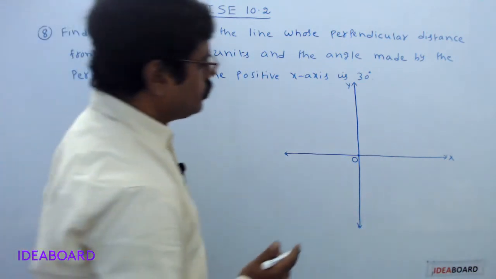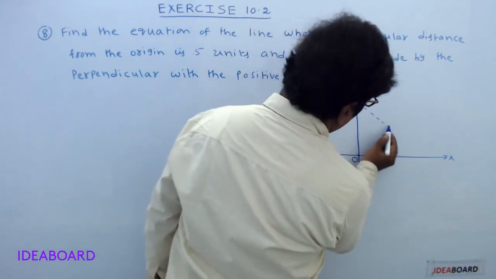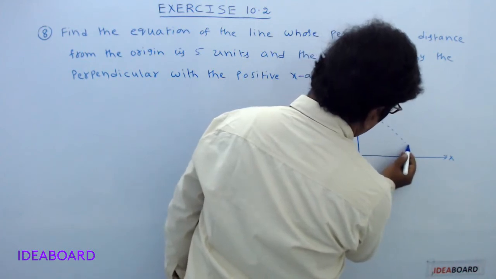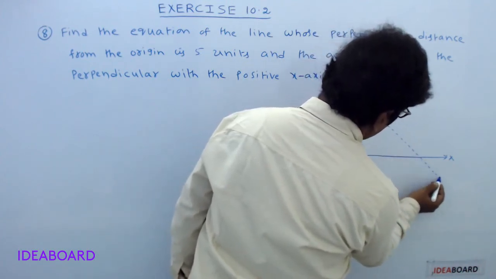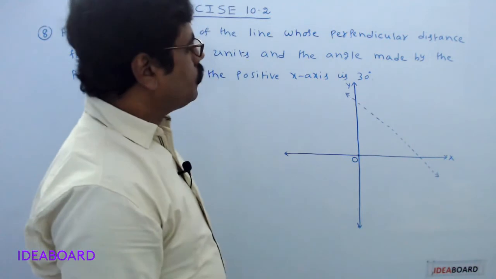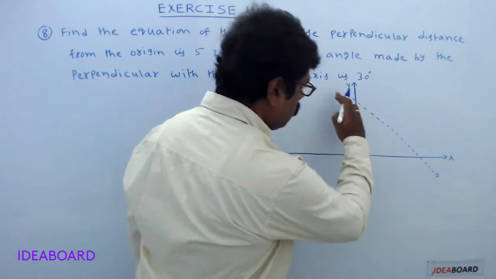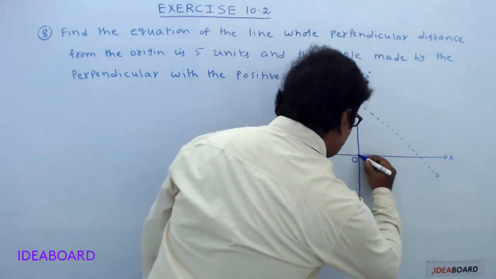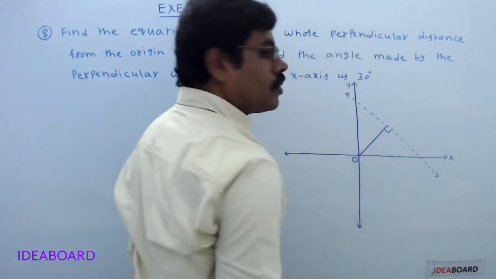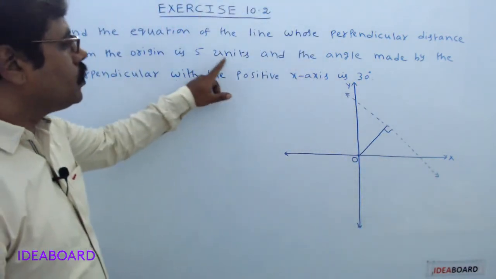Now draw a straight line. Suppose this straight line is at a distance of 5 units from the origin. Draw a perpendicular from the origin to this line. Now the perpendicular distance from the origin to this line is given as 5 units.